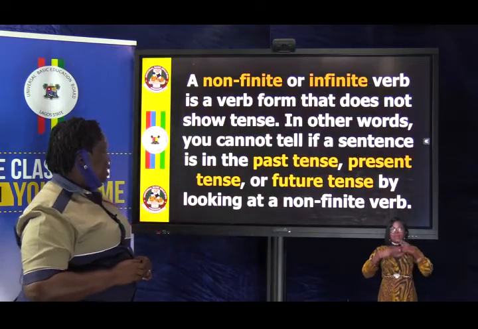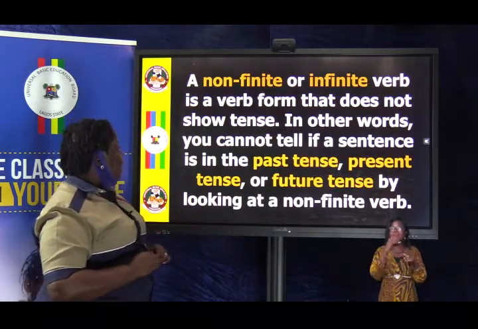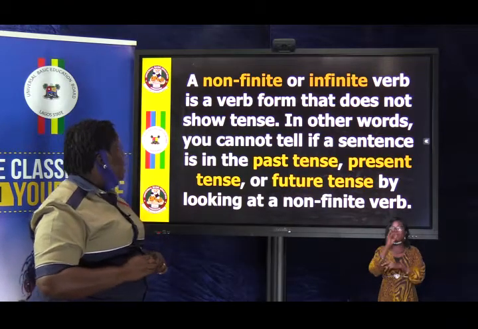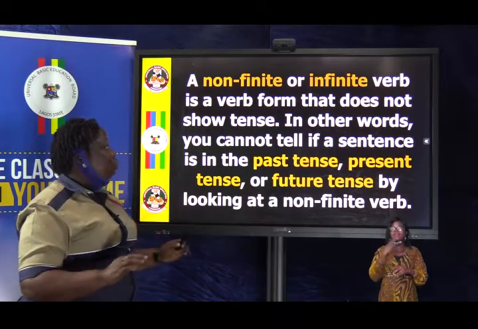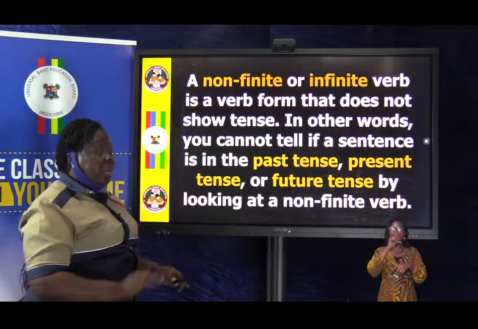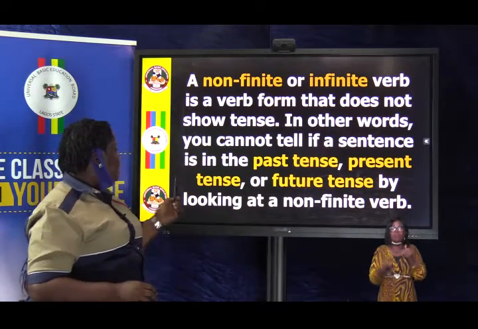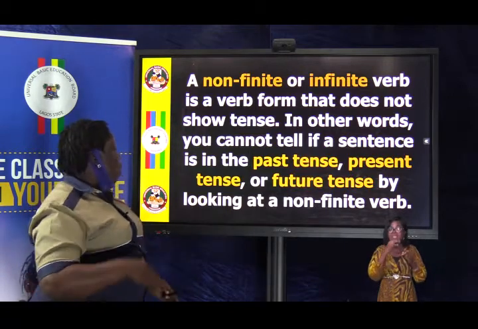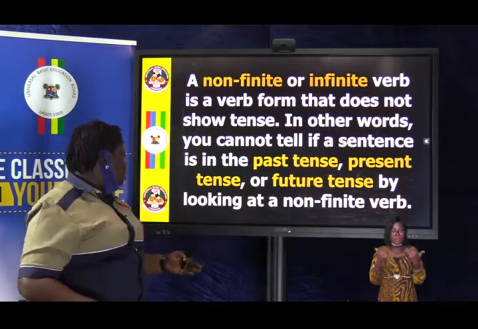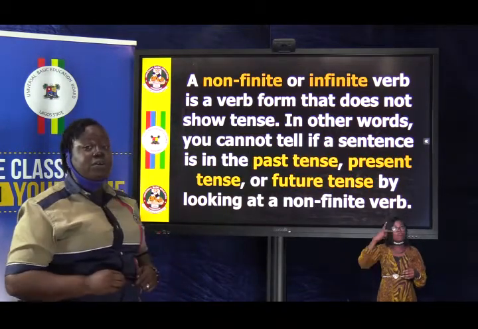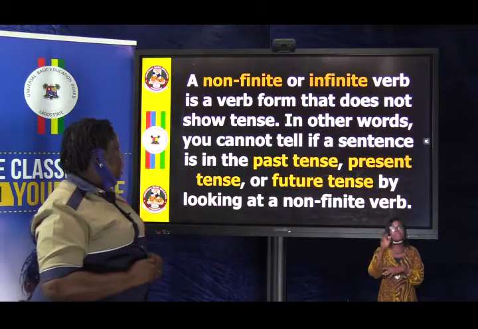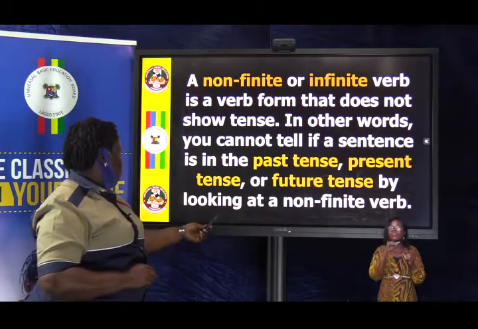Let me explain further by saying a non-finite verb is a verb form that does not show tense. It does not show tense at all. In other words, you cannot tell if a sentence is in the past tense or present tense or future tense by looking at a non-finite verb. It does not show tense.